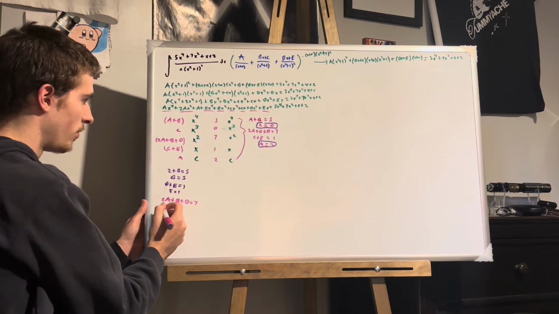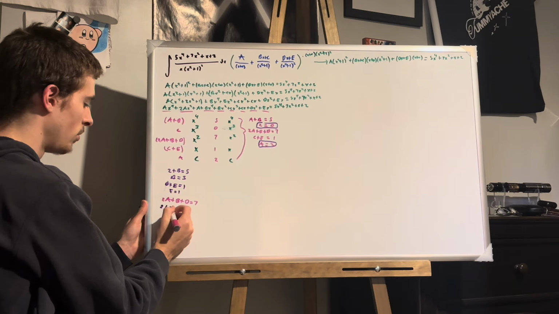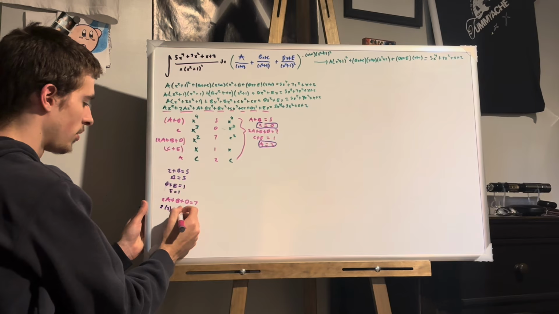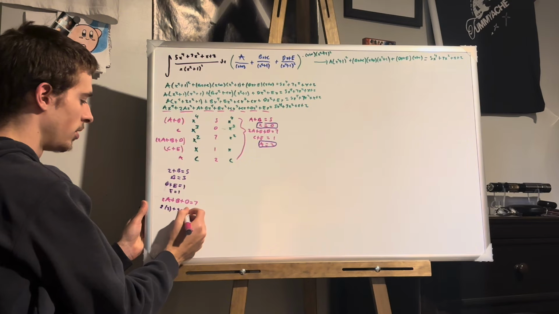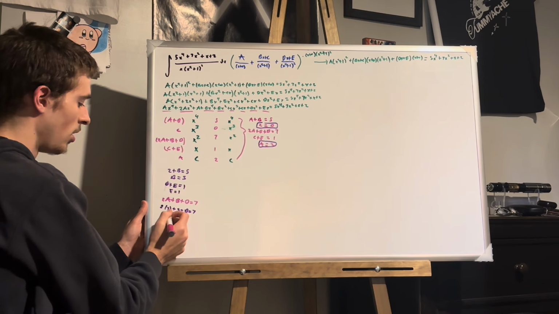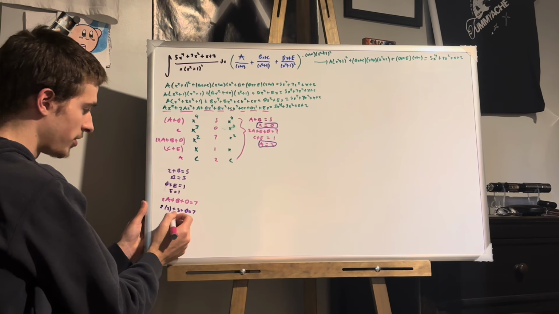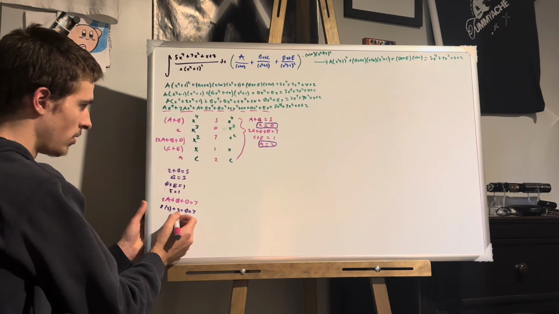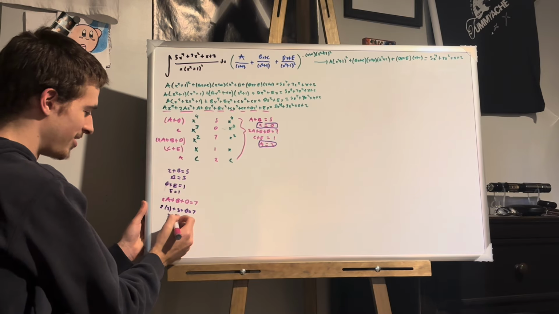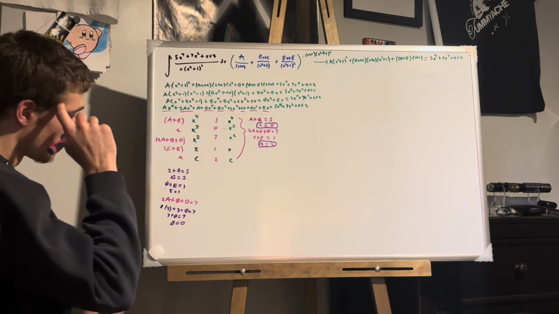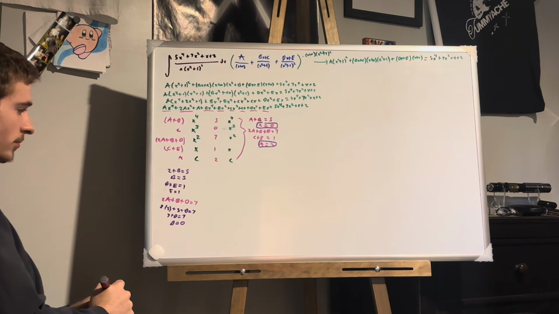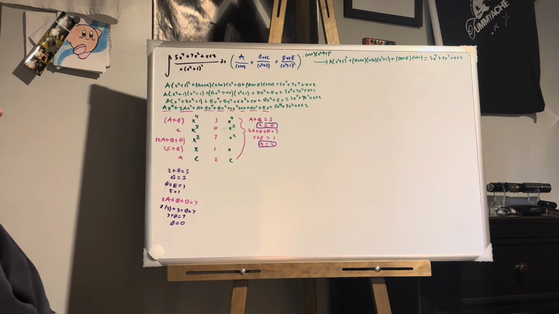So we have 2 times 2 plus 3 plus D equals 7. 4 plus 3 is 7, plus D equals 7. 7 minus 7, D equals 0. Okay? Spectacular.